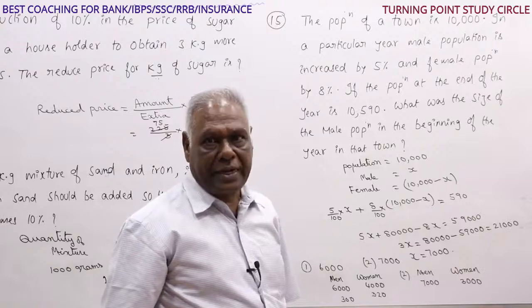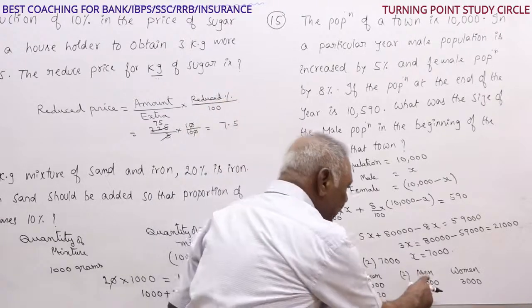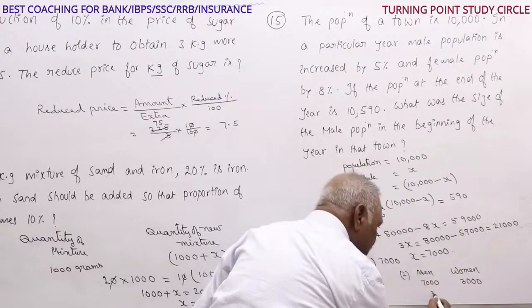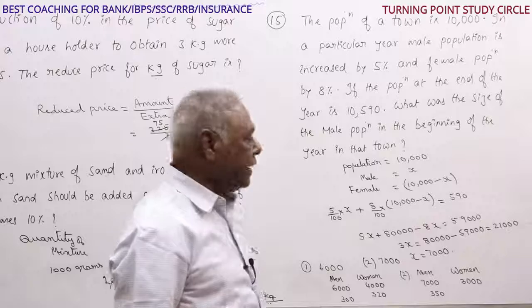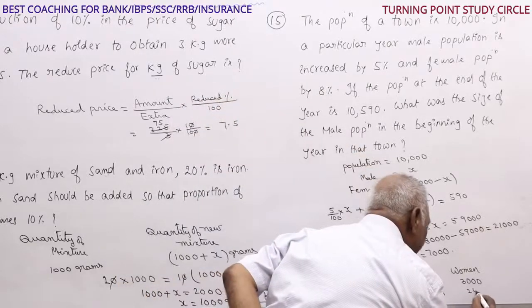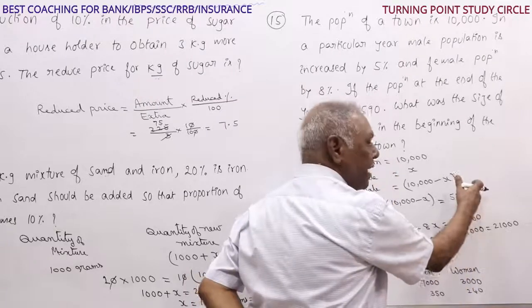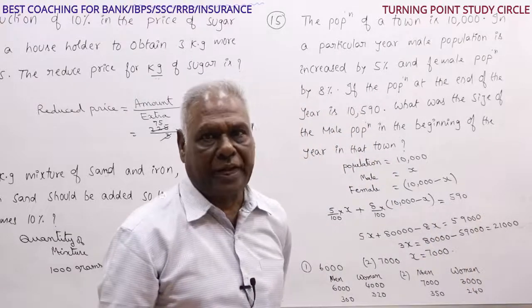So the first option is not correct. Go to the second option, analyze. So men is equal to 7,000. So increase 5% is 350. Here it is 3,000. It is 8%, so it is equal to 240. So 350 plus 240, it is 590. Here increase is 590. So the second option is the correct one.